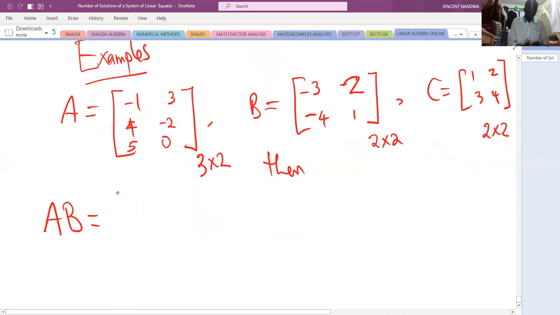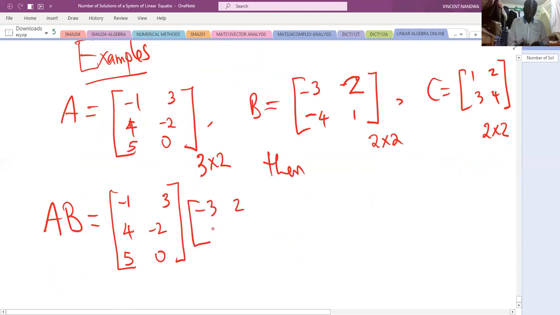So I'll have A, -1, 3, 4, -2, 5, 0, multiplied by -3, 2, -4, 1. Once you have confirmed that the number of columns of the matrix to the left agrees with the number of rows of the matrix to the right, multiplication is defined, and this is how you carry out the multiplication. It's always row by column.